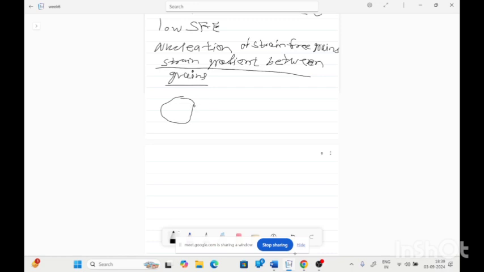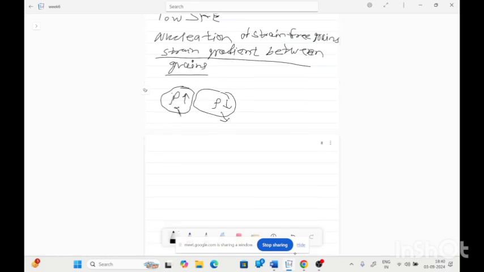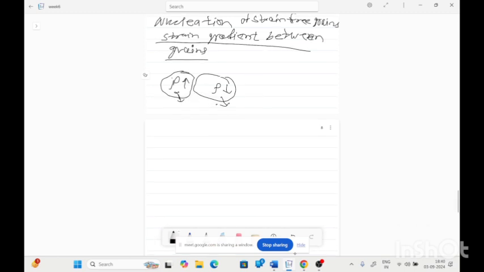Different grains can have different dislocation densities. If one grain has more dislocation density and another has less, the dislocation density contributes to the strain energy of the grain. With high dislocation density, the strain will be higher in this grain, and strain in the second grain will be low. So due to the difference in strain, a strain gradient exists between two grains.